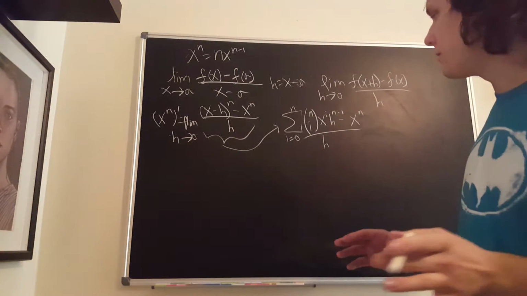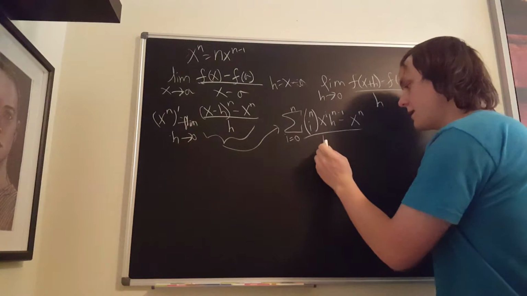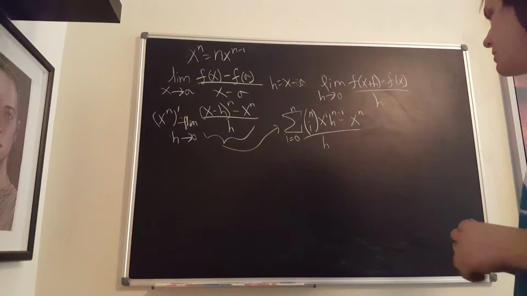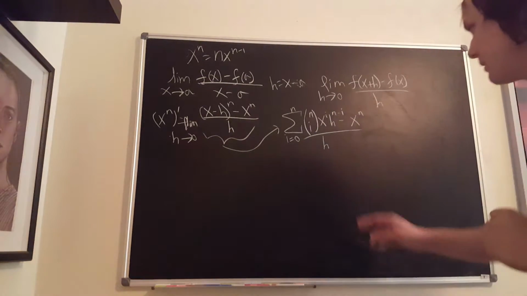So the goal is going to be to cancel this h out of the denominator, of course. That's always the strategy to use when you are using the definition to prove something.